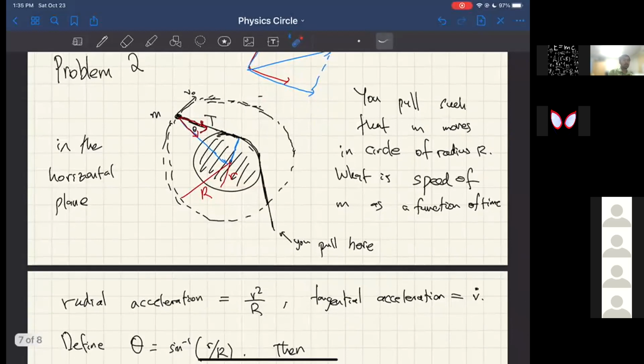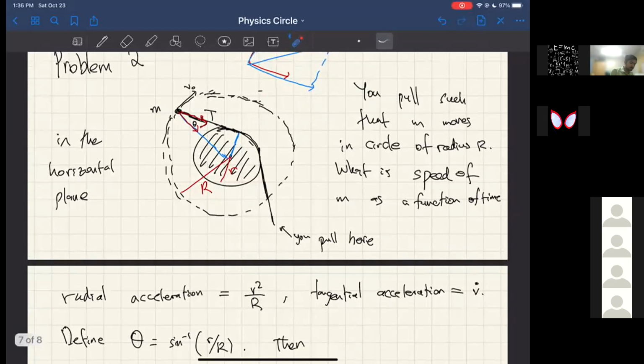These are the kind of questions I want to field because, in principle, this is a simple problem because there's just one force and there's just some acceleration, but it's very confusing. In circular motion problems like this, you have to keep your head straight. Just say, okay, this is the motion, these are the forces, and just set the accelerations equal to the forces. And it should work out. But yeah, good questions.